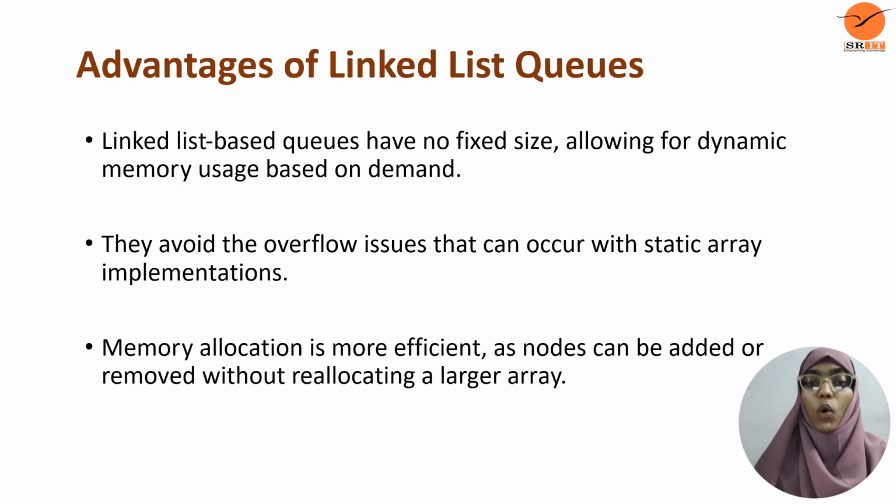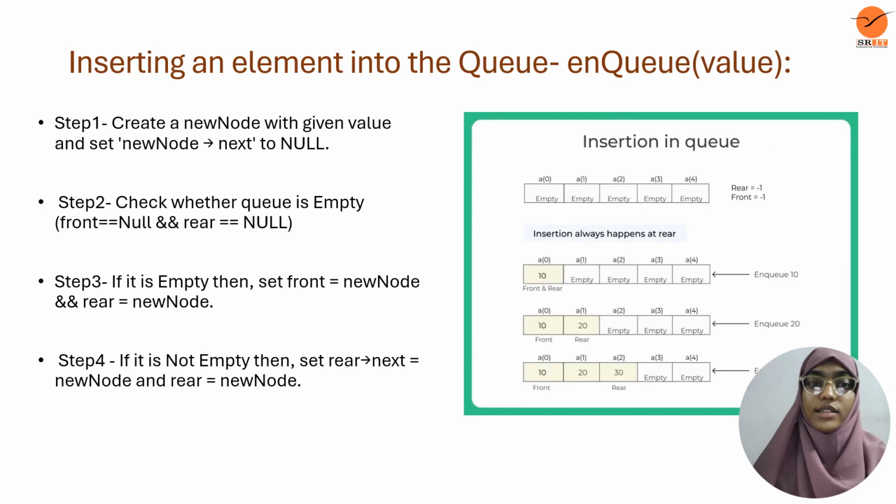They avoid the overflow issues that can occur with the static arrays implementation, because here we can avoid overflow issues. And memory allocation is more efficient, as nodes can be added or removed without reallocating a large arrays.